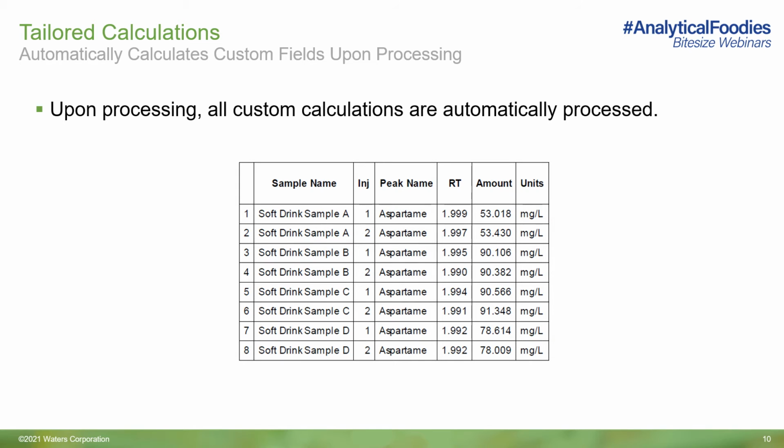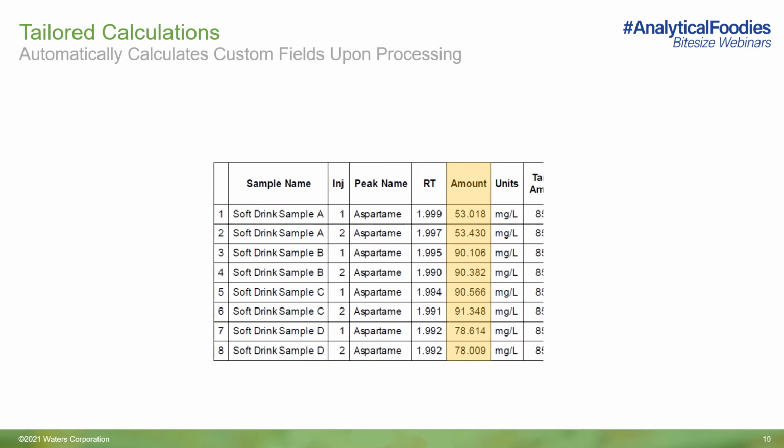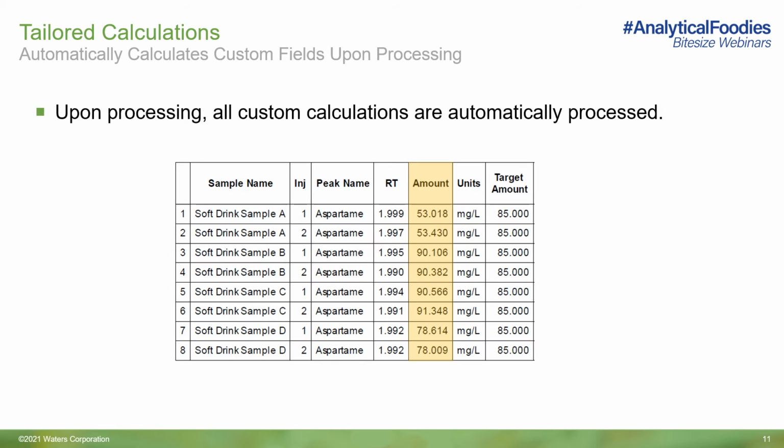Here, we can see the predefined field amount is automatically calculated by Empower. Target amount for aspartame, which is 85, was entered into Empower.